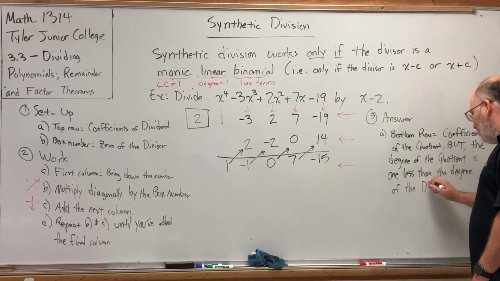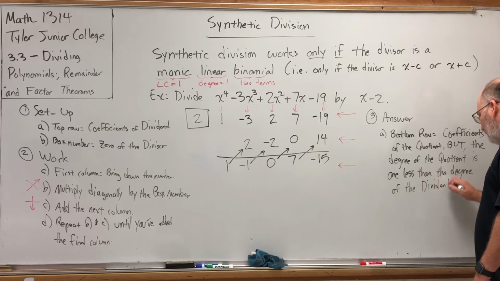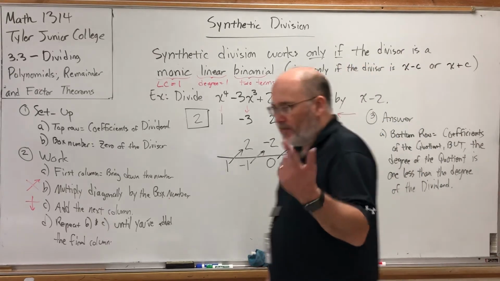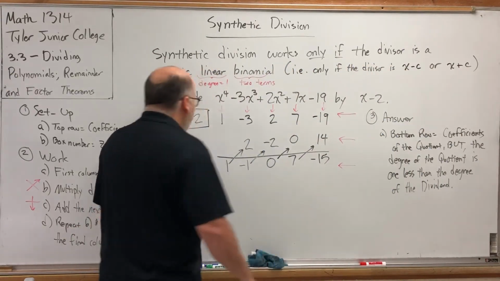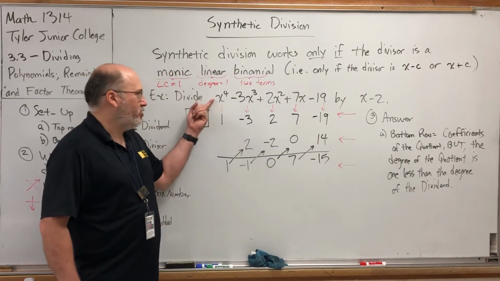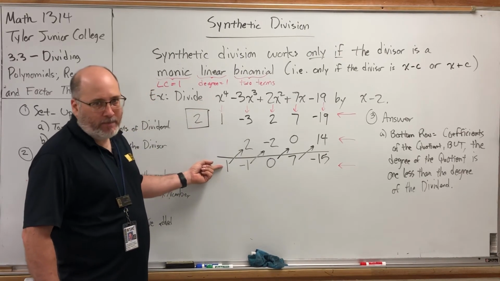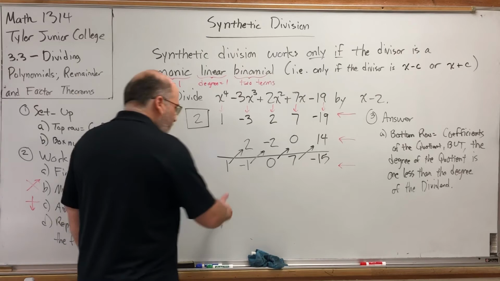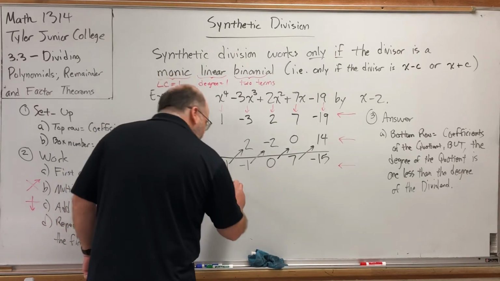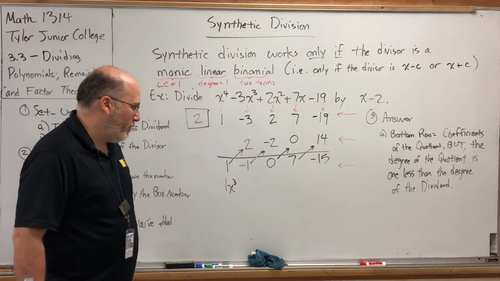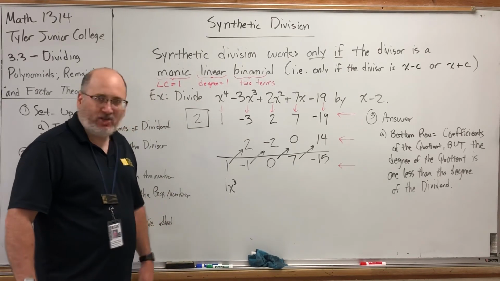This is easier to do than it is to put into words. Translation, put the x's back in, but lower the power by 1. When I started the division problem, my dividend started with x to the 4th. When I ended it, my quotient's going to start with 1 power lower, x to the 3rd. So this 1 represents 1x to the 3rd. And then each following number represents the coefficient of the next lower power.